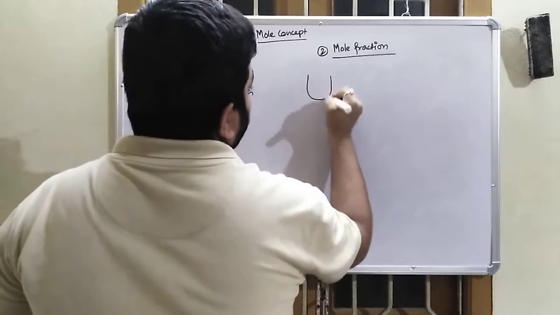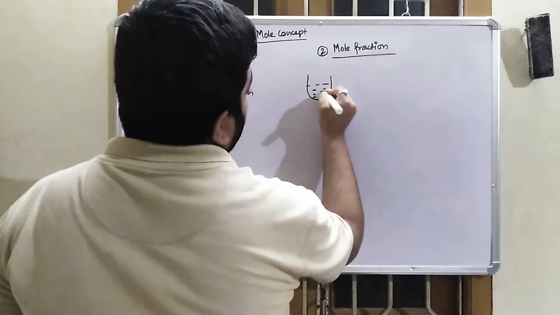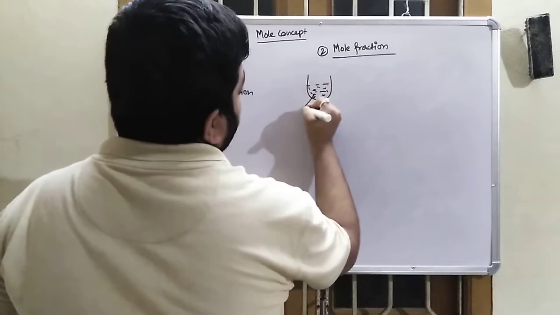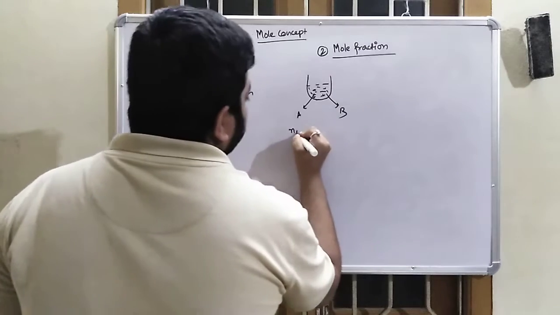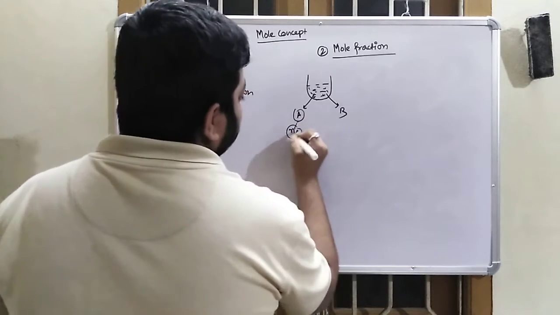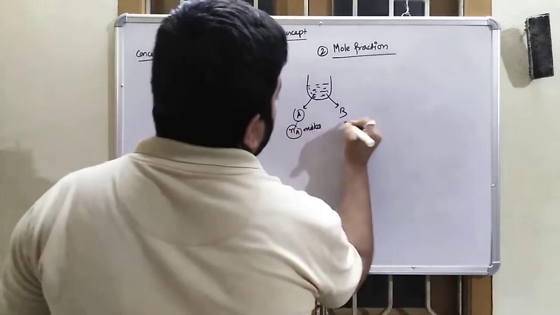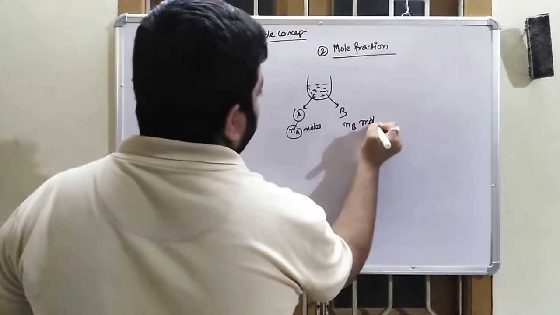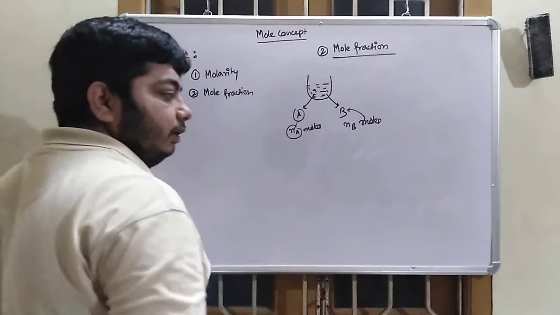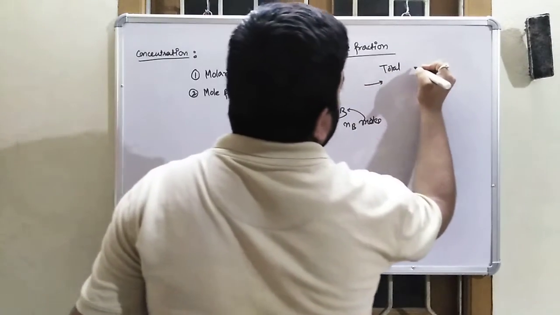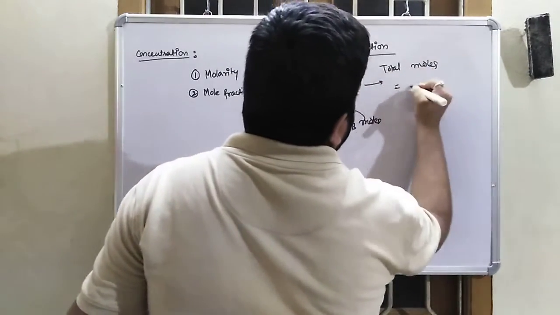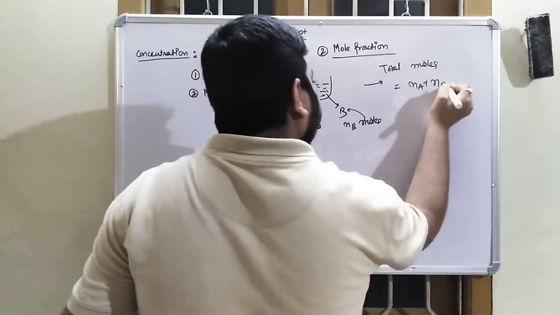Let us consider that we have made a solution using A and B. We have taken Na moles of A and Nb moles of B. So total moles can be given as Na plus Nb.